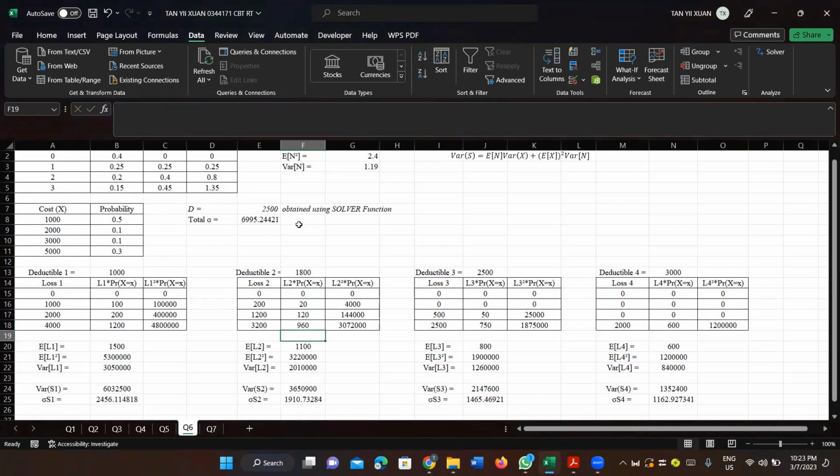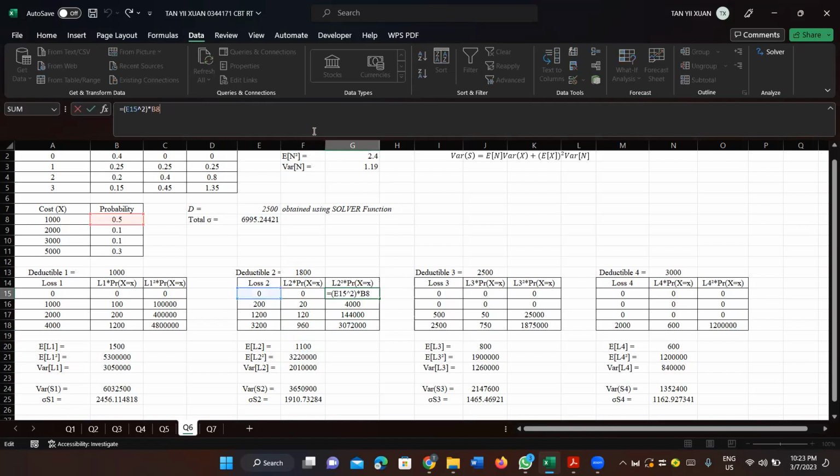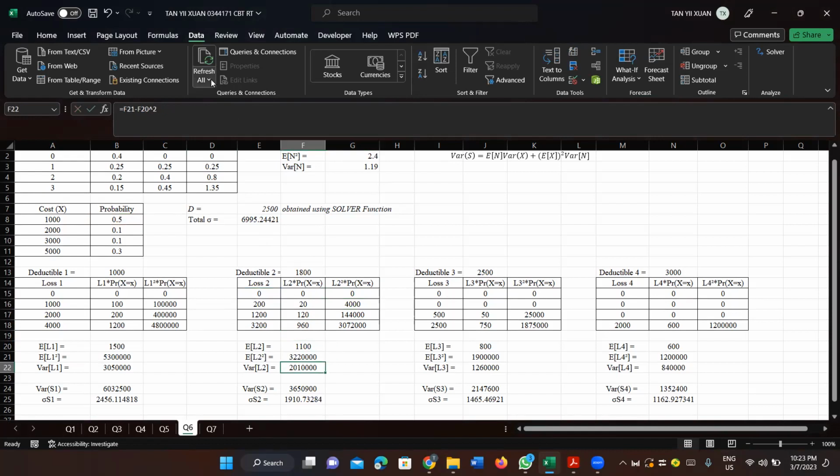To get the mean, we multiply the loss amount by the probability of X, and then sum it up. For L squared, we multiply the squared loss by the probability of X, and then sum it up. The variance is the expected value of L squared minus the square of the mean.